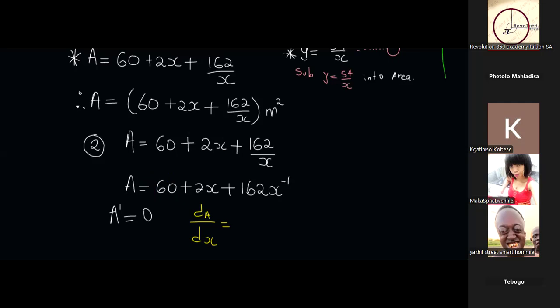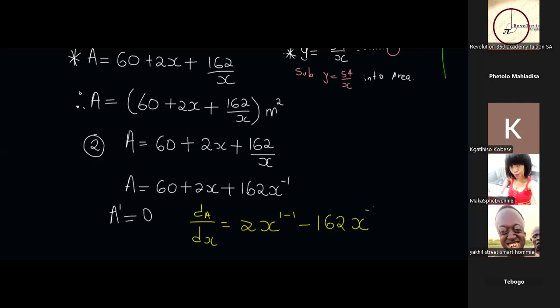When you differentiate 2x, you're going to get 2, because remember, it's 2x to the power of 1. You always subtract 1. And then positive times negative, so it will be 162 times negative 1 is negative 162, x to the power of negative 1. You must always subtract 1.